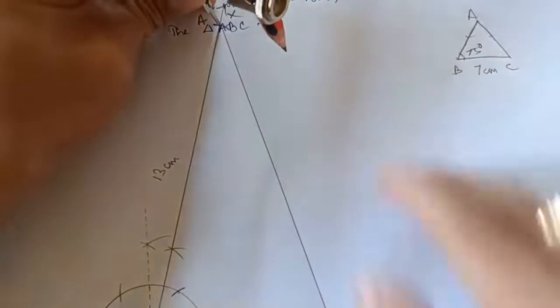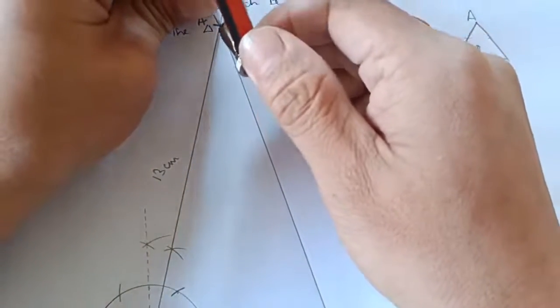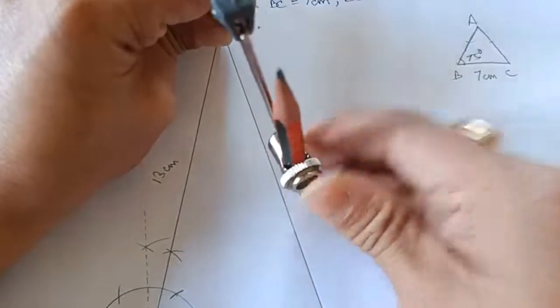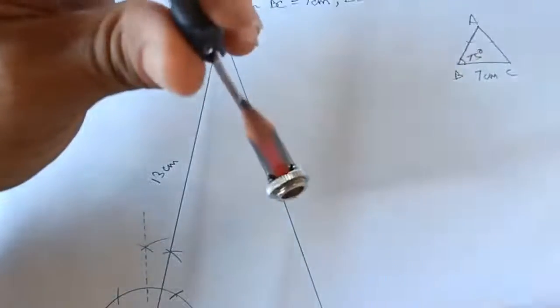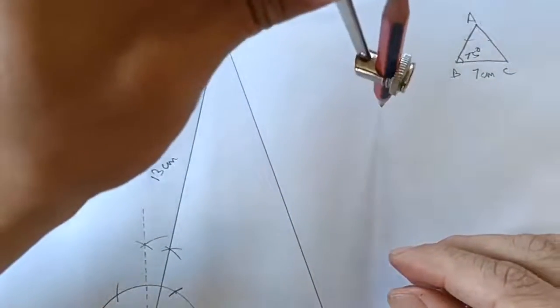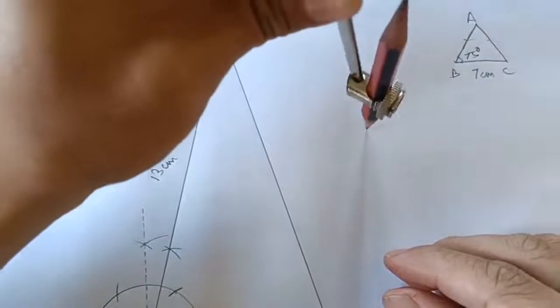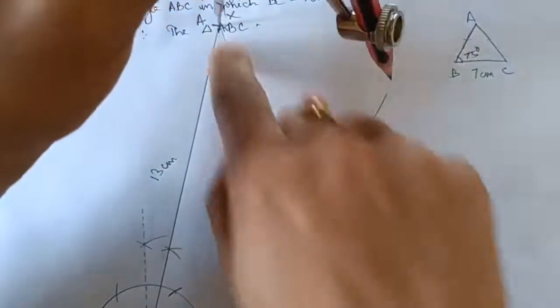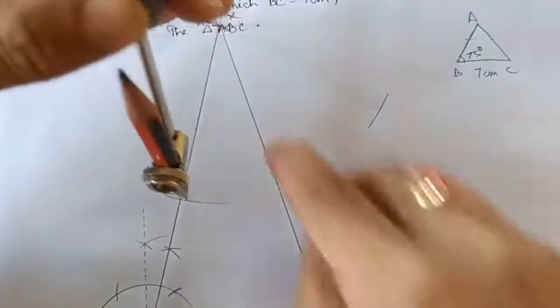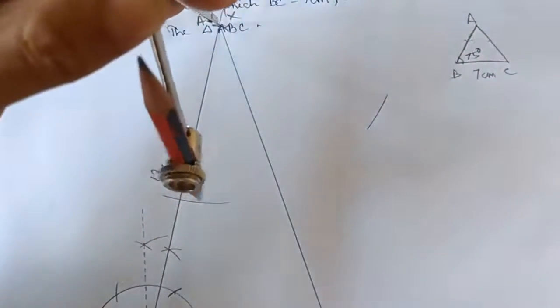Next, what we are going to do is draw the perpendicular bisector of the line AC. To draw the perpendicular bisector of the line AC, we are going to take a radius more than half the length of AC. So with center A, we are going to draw arcs on both sides of the line AC.